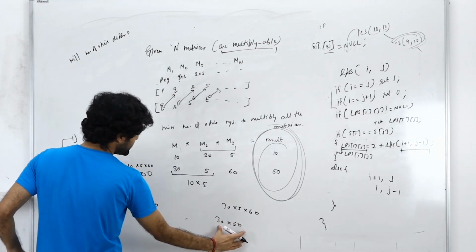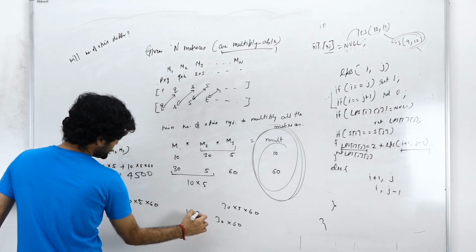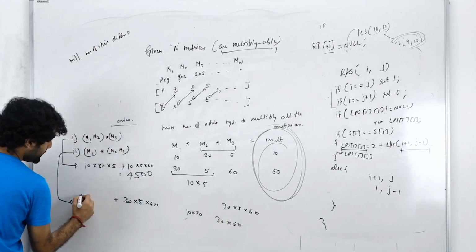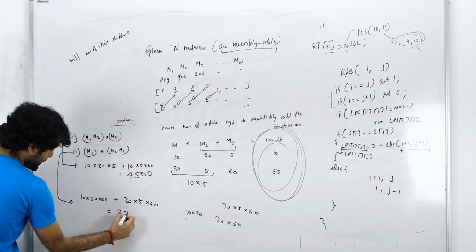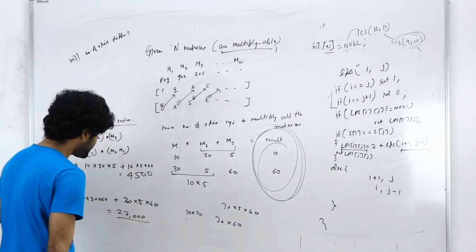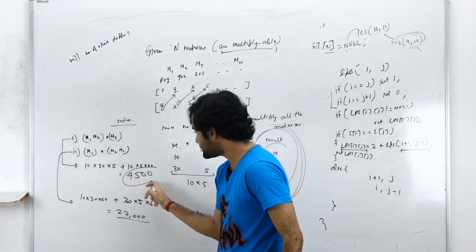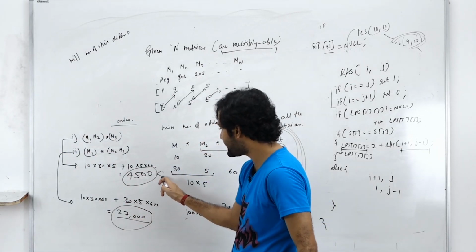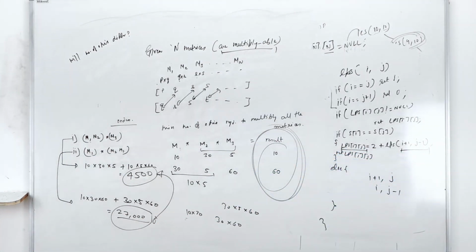Now if I multiply 30 cross 60 with 10 cross 30, then the number of operations will be 10 cross 30 cross 60, and I think this comes out to be 27,000, which you are typing. So did you see that the order of multiplication had a drastic impact on the number of operations? Did you see this? Yes or no?